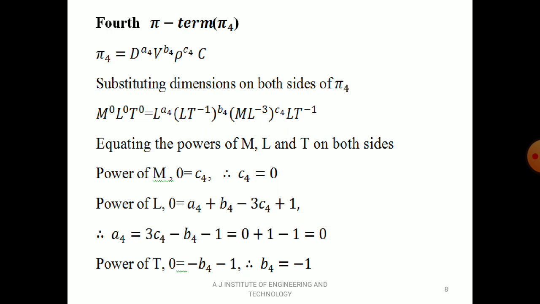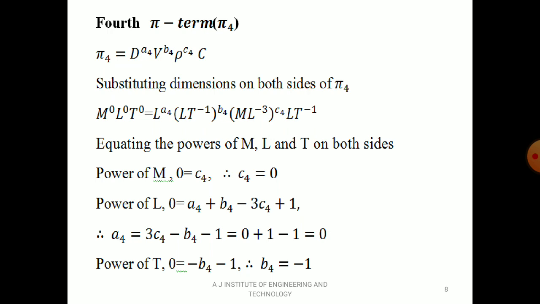So I get the expression 0 equal to a4 plus b4 minus 3c4 plus 1. Therefore a4 equal to 3c4 minus b4 minus 1. Now equating the power of t: t to the power 0 on the left hand side, t to the power minus b4 and t to the power minus 1 on the right hand side. So 0 equal to minus b4 minus 1. Therefore b4 equal to minus 1.